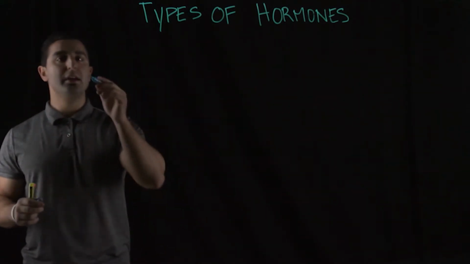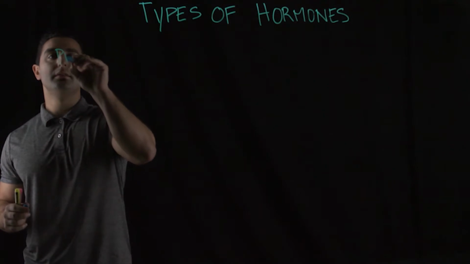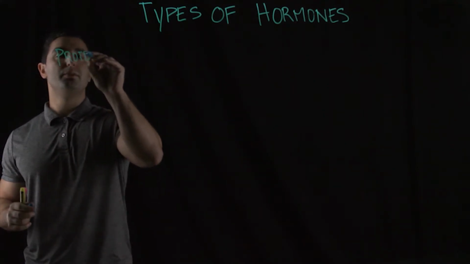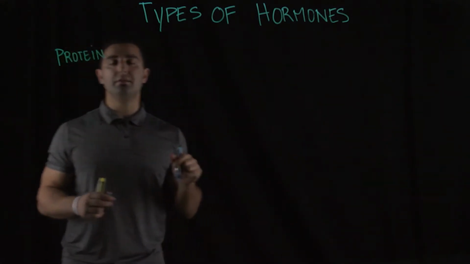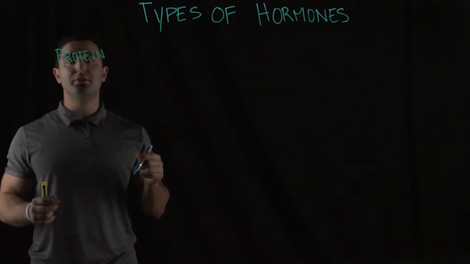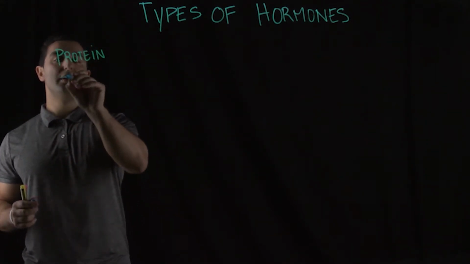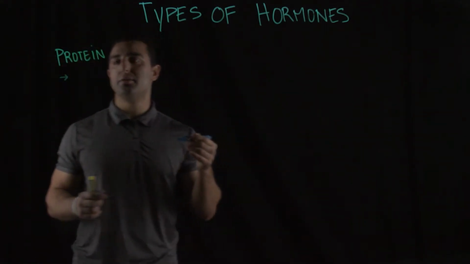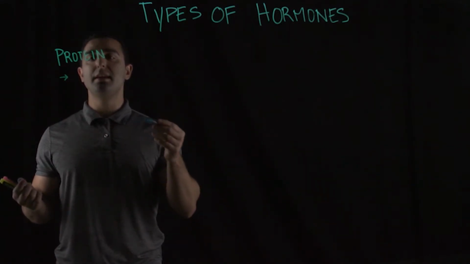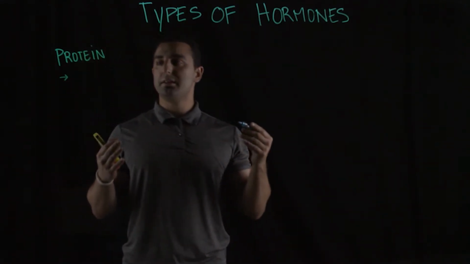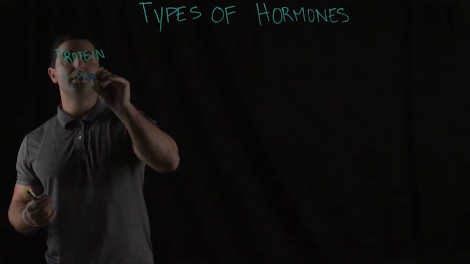So we talk about the peptide hormones, or the proteins. These molecules make up the majority of the hormones in the endocrine system. The way they're synthesized is through a process called protein synthesis, and they're generated in the form of prohormones.